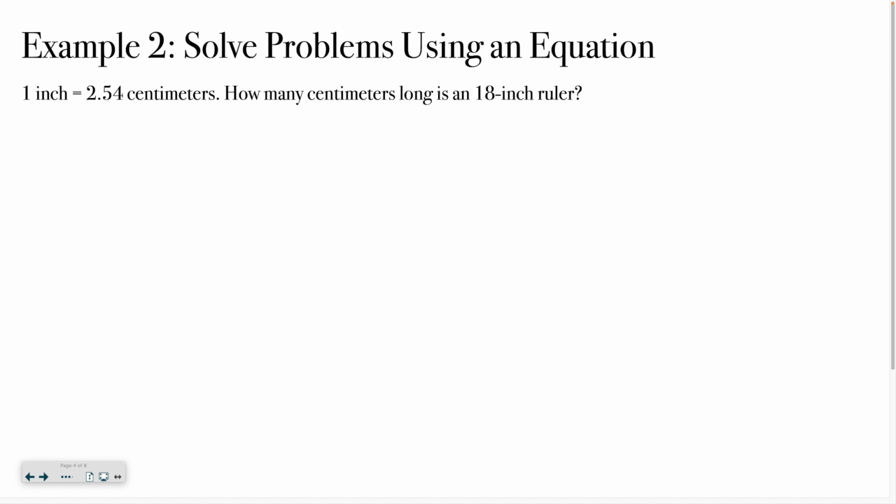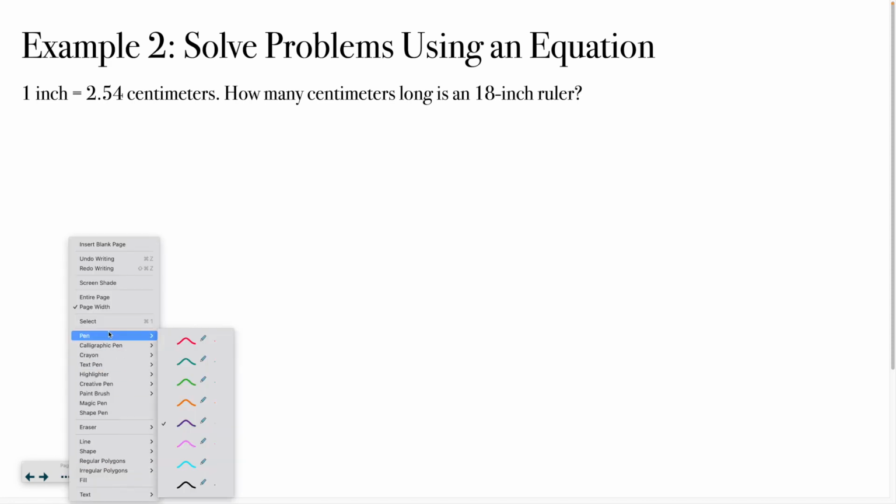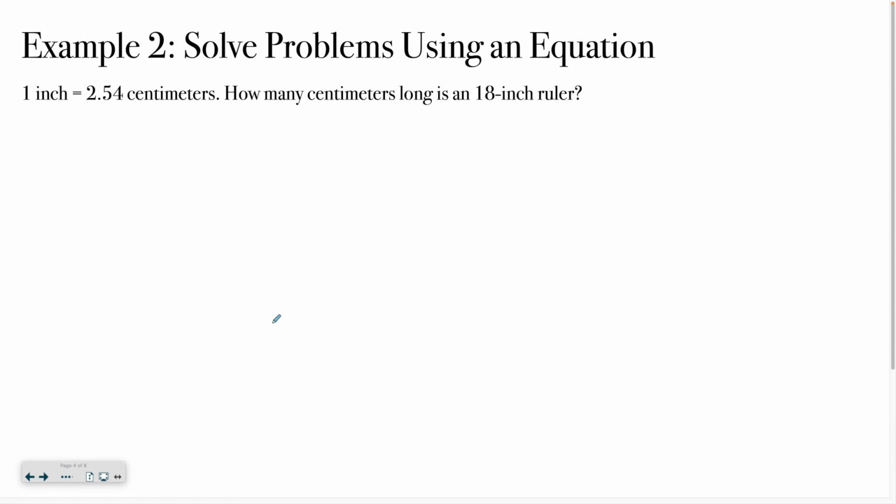All right, let's move on to our second problem. We want to be able to use this type of equation to solve some problems. So let's say 1 inch equals 2.54 centimeters, and yes, that is a fact, that is true. And I want to ask you, how many centimeters long is an 18-inch ruler? So the way that we would do that, we're going to use that y equals kx, okay?